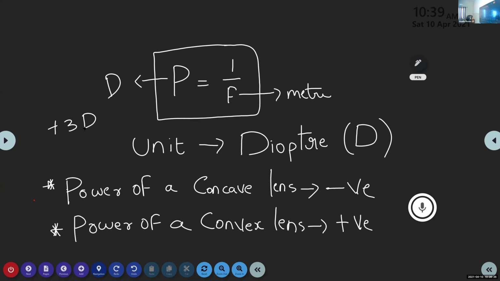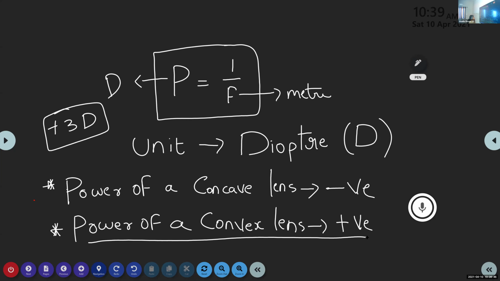Is it concave or convex? Yes, it is convex. Why? Because +3 diopter. The power of the lens is positive. If the power of a lens is positive, the lens is convex in nature.